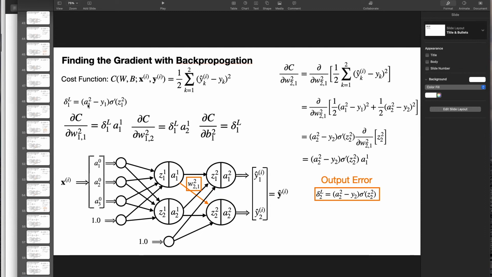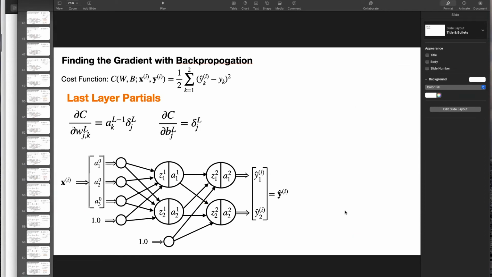So we can extrapolate this to all the other derivatives. The derivatives of all of these edges connecting to node 1 in layer 2 are just the output error at node 1 times the respective entry that's going into it. In general, these are our last layer partials.